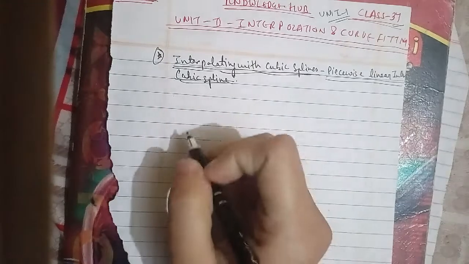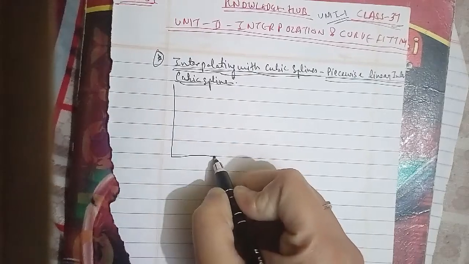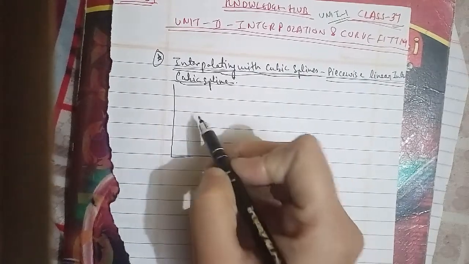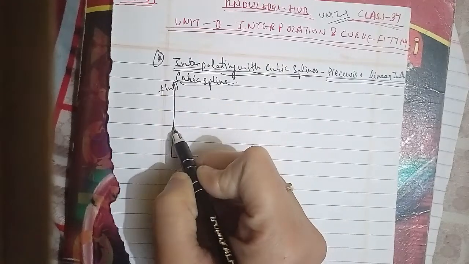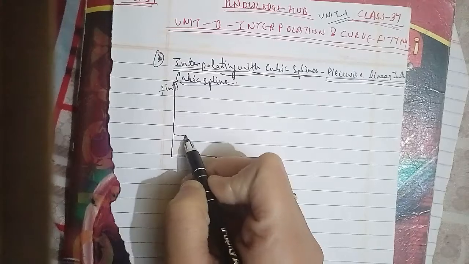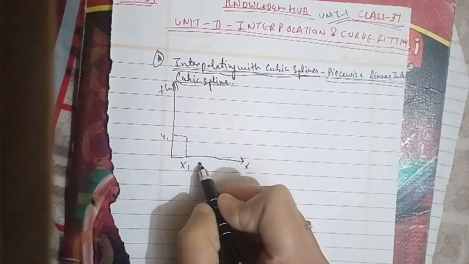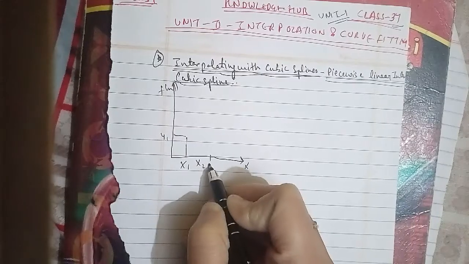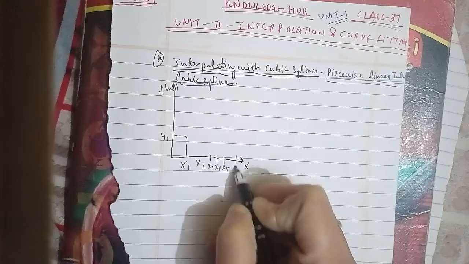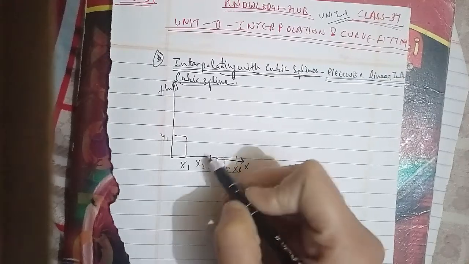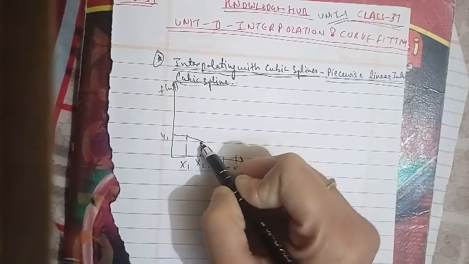This is the x-axis, this is f(x), this is y1, x1, x2, x3, x4, x5 and x6. So it would be like this only.